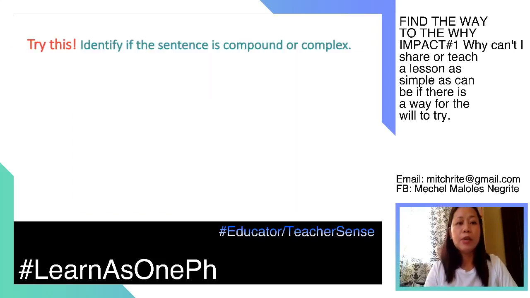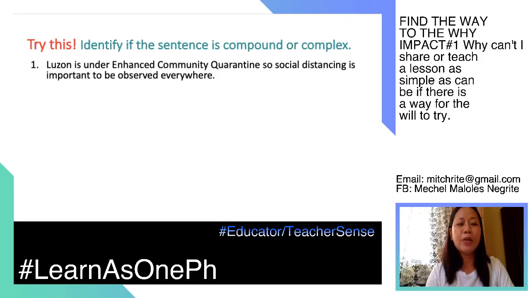So, let's try this. So, identify if the sentence is compound or complex. So, I will just give you 1 minute for this. Okay, the first one, I want you to get ready with your ball pen and then your paper so you can answer it. Your time starts now. So as I read, Luzon is under enhanced community quarantine, so social distancing is important to be observed everywhere.